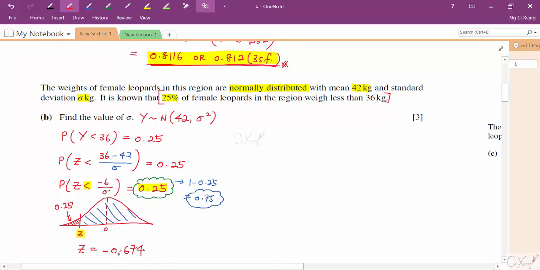And to find out the sigma, you should substitute this value of z: negative 6 over sigma will be equal to negative 0.674, and therefore you can get the sigma, which is 6 divided by 0.674, and the sigma will be equal to 8.90, correct to 3 significant figures.